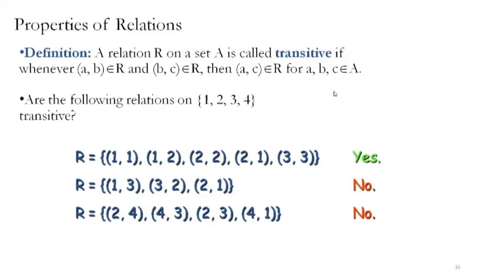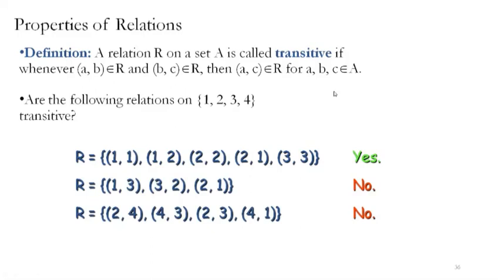So here 1 comma 1, 1 comma 2, 2 comma 2, 2 comma 1, 3 comma 3. 1 comma 1 is fine, 1 comma 2, 2 comma 2. Then 2 comma 2, 2 comma 1, 3 comma 3.